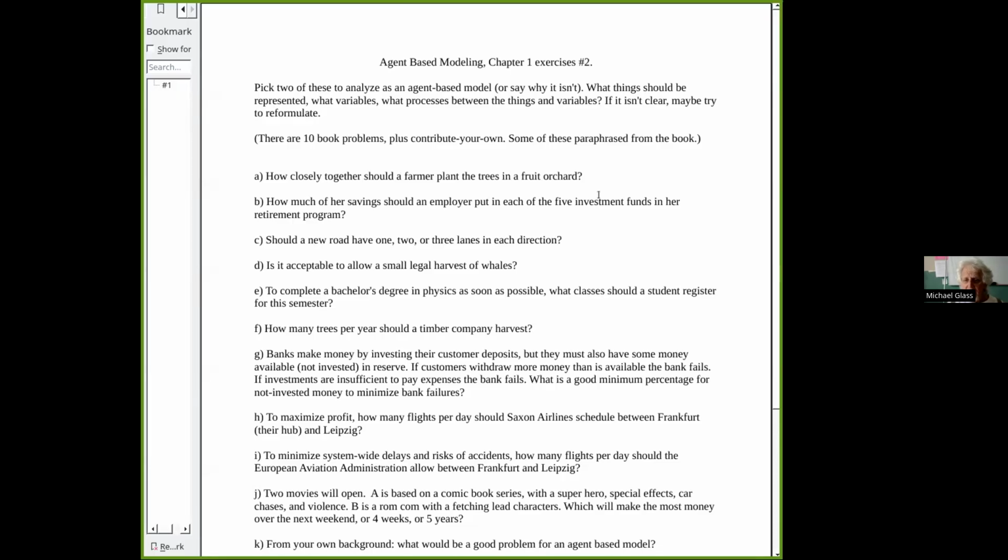Okay, so that's A. So B, we have a single person here who is putting money in 5 different investment funds. And again, we have a time behavior here. We'll have to assume that each of the 5 investment funds is paying some different, time-varying amount of interest or return, or maybe the values are fluctuating up and down.